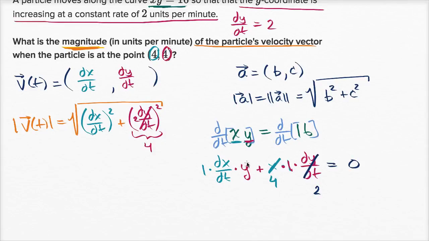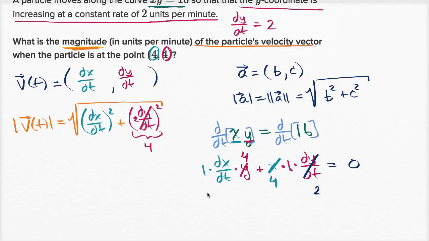It's a little messy right now, but this is an equation that we can solve for. There's only one unknown, the rate of change of x with respect to t, right when we are at the point (4, 4). If we're able to figure that out, we could substitute that in here and figure out the magnitude of our velocity vector.